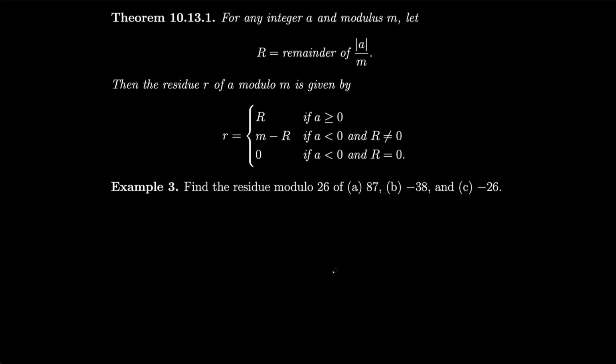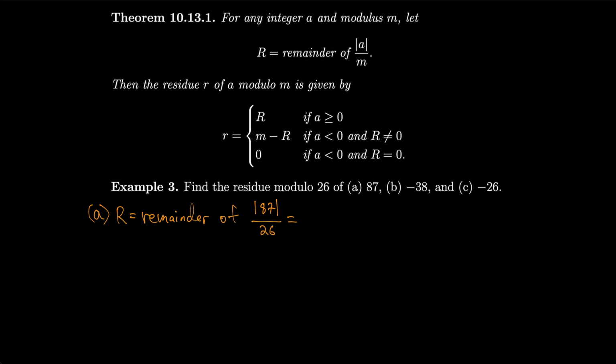So for a, we have that r is equal to the remainder of 87. What we have to do is take the absolute value of a, so that's the absolute value of 87, and then divide that by m, which is 26, because I said modulo 26.